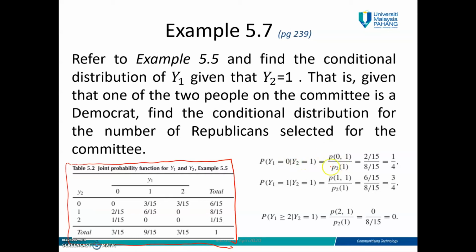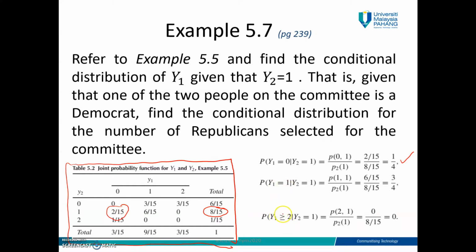For sure the denominator should be p2 equal to 1, which is 8 over 15. When y1 equals 0 and y2 equals 1, you get 2 over 15. So 2 over 15 divided by 8 over 15, you will get 1 over 4. Then you need to do the same for y1 equal to 1 and y1 equal to 2.